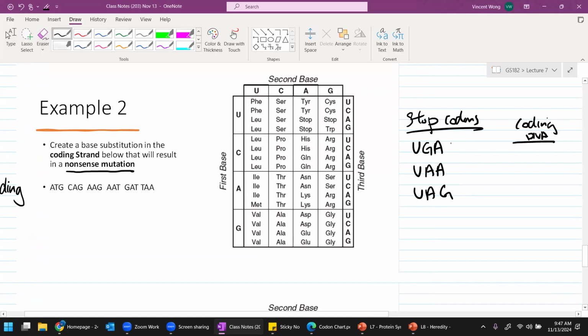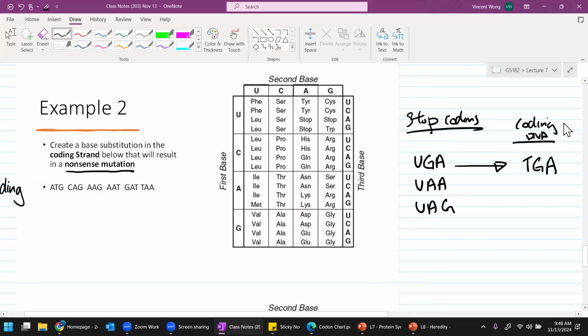So can you change these stop codons into coding codon for me? What would it look like on the DNA? What would UGA look like on the coding DNA? It's TGA, isn't it?